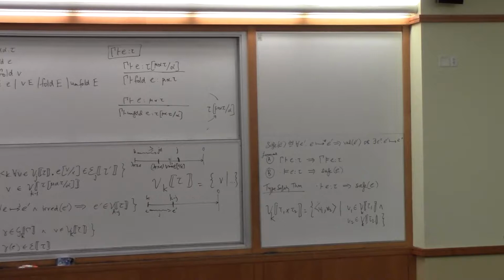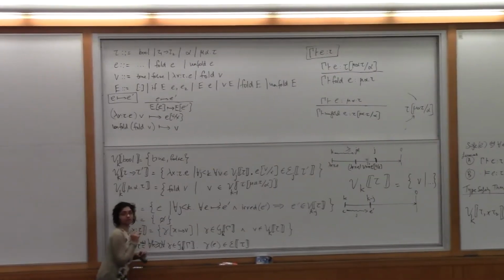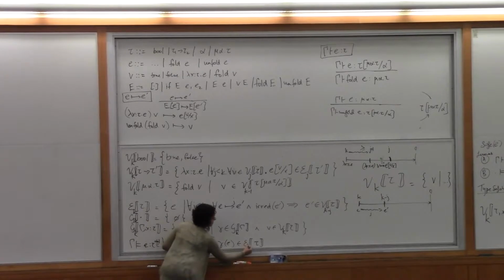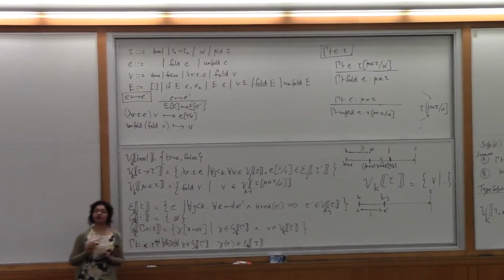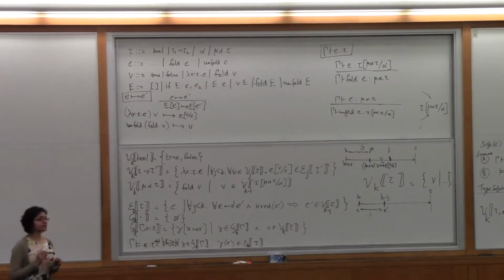So we're going to say for all k greater than or equal to 0, if you can give me a substitution that's good for that number of steps k, and I use that substitution to close my term, then that closed program is good for k steps.